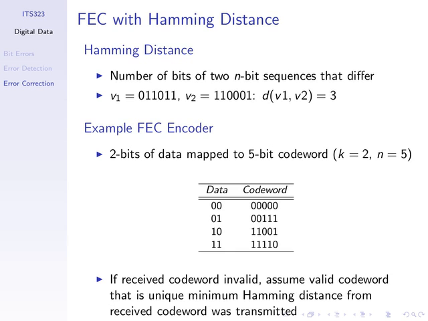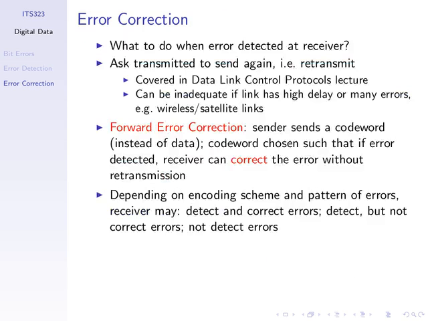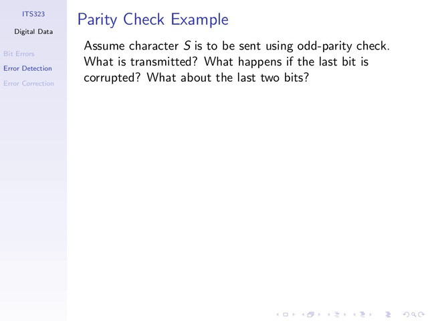Okay. So let's go back to our parity check. In this example, we had a character and we used a single bit parity check, although the question doesn't say a single bit. We've assumed a single bit parity check. First, we needed to know how to map that character into bits.